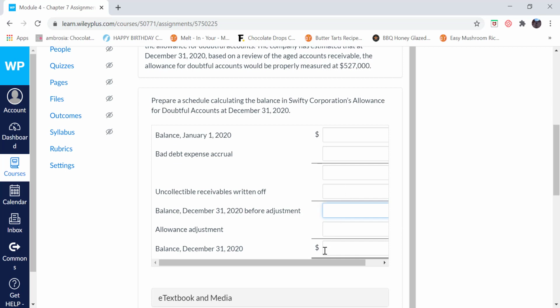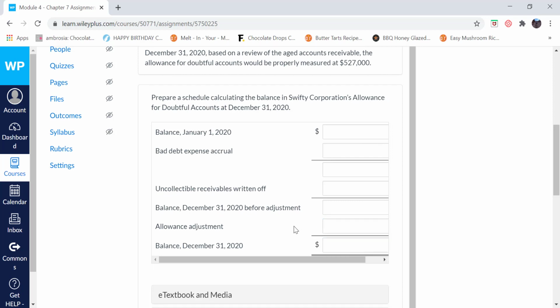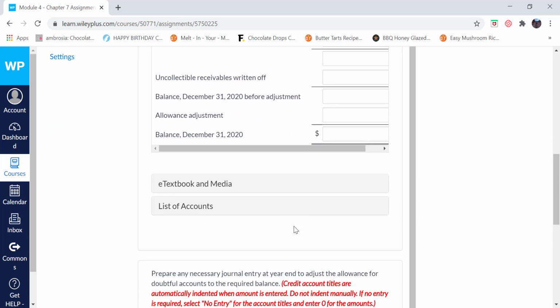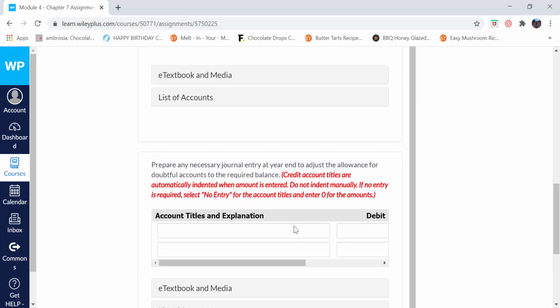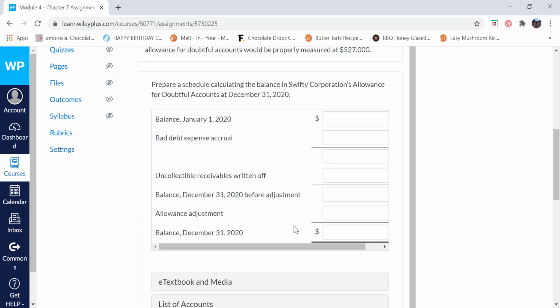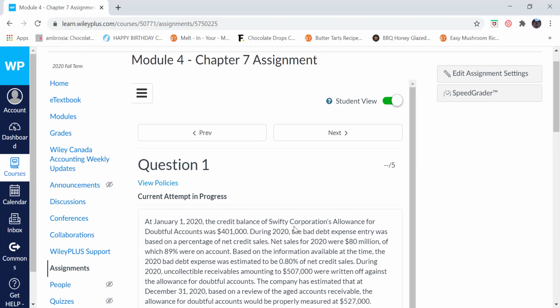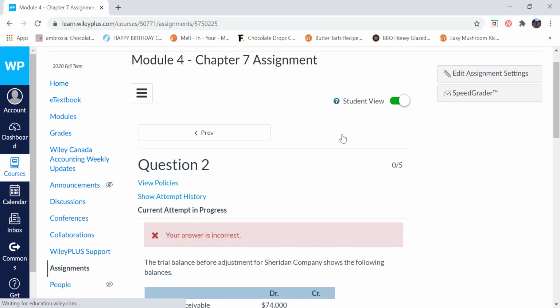And then the question also gives you what the balance should be at the end of December, and the entry you need is whatever fits in this cell, the allowance adjustment. And your journal entry is just going to be debit allowance, credit bad debt expense, or vice versa to get the allowance up to or down to the credit balance you require. So I think that one's relatively straightforward.